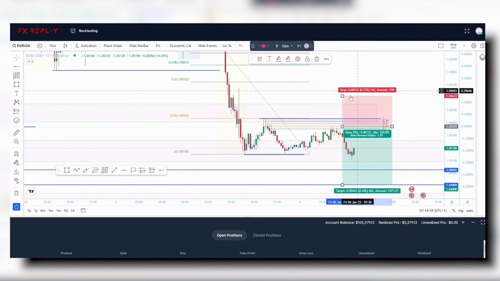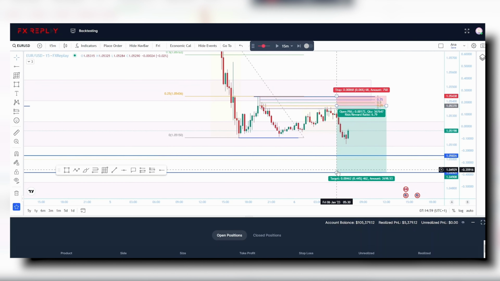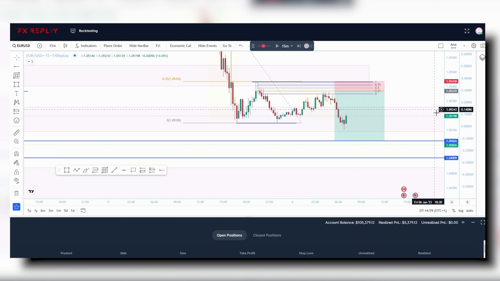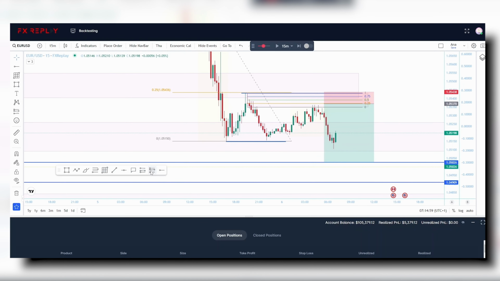Let me see how my risk to reward will be. Okay. Oh, this is decent. I can even have one target here, and the other target will be lower. Let me put one more position on the 50 level.